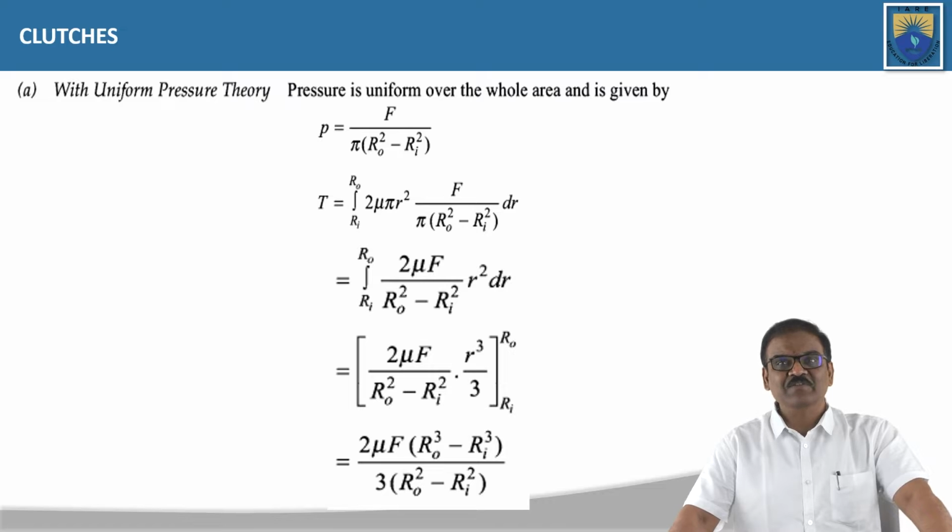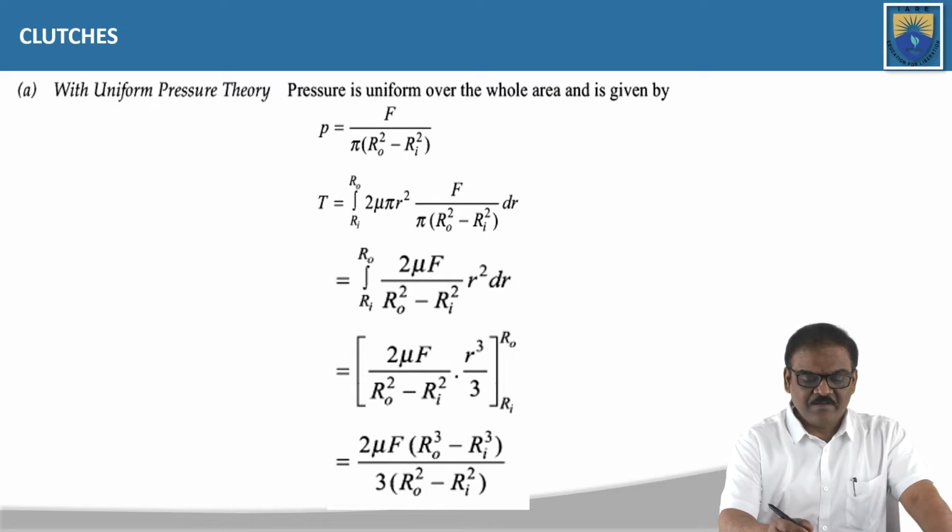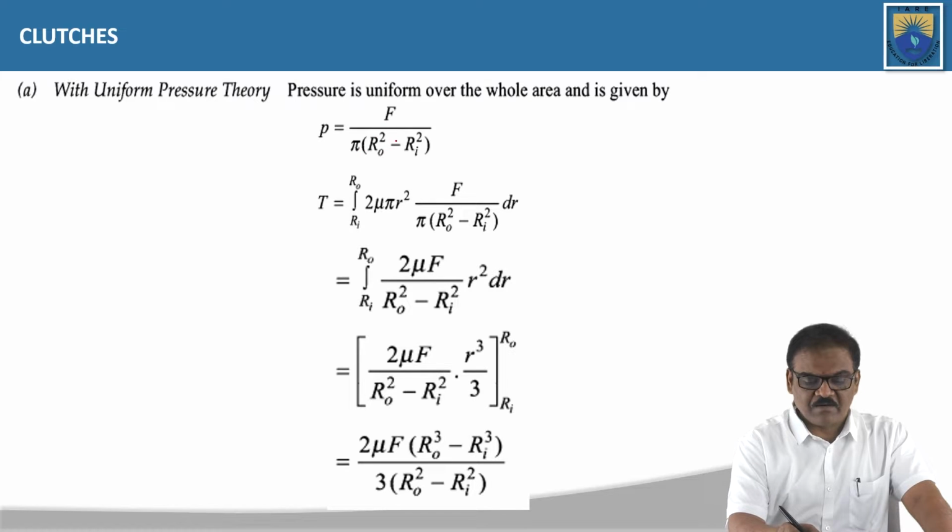Further, using the uniform pressure theory, the pressure is uniform over the whole area and is given by, as we have proved here, p is equal to F by pi (r naught square minus r internal square).